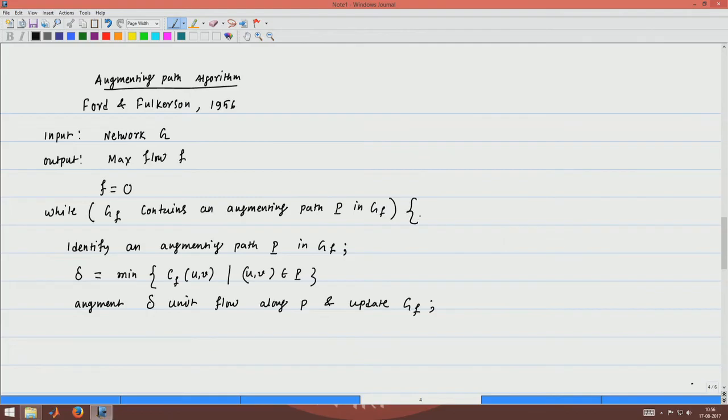Okay, so this is what you do inside the while loop. While there is an augmenting path with respect to the GF, you identify one augmenting path, compute the capacity of that path, and augment delta units of flow along that path. You update your GF, and again you see whether the new residual network GF has an augmenting path.